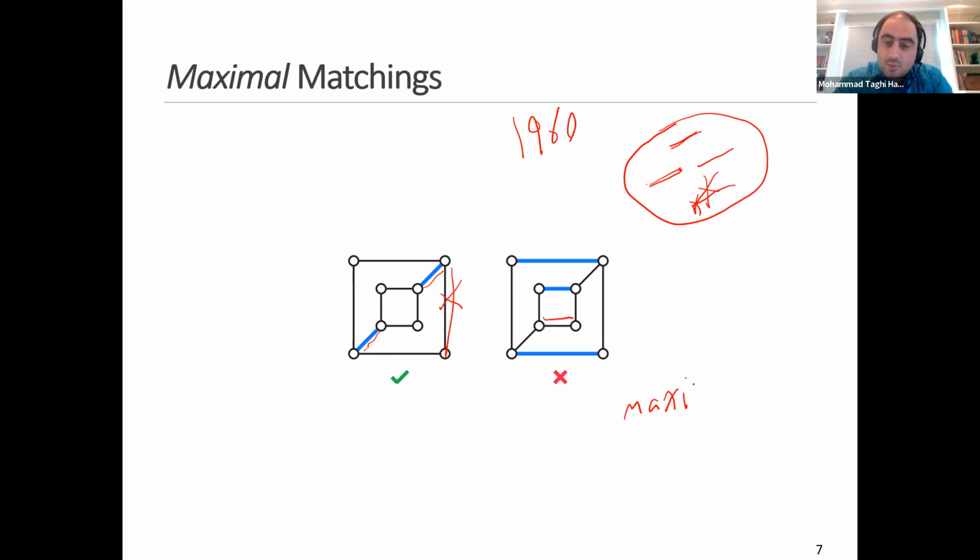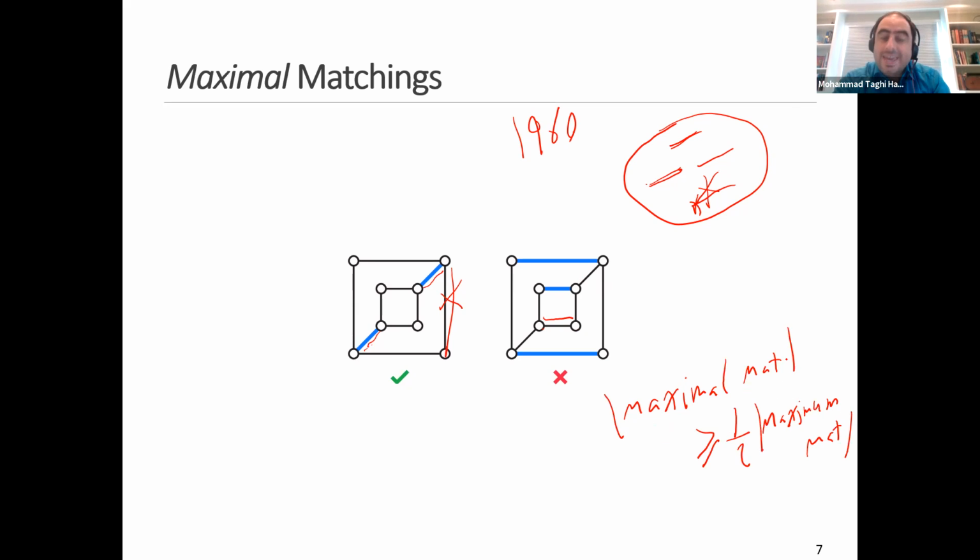But we can prove that a maximal matching has at least half the size of any maximum matching, in terms of size.